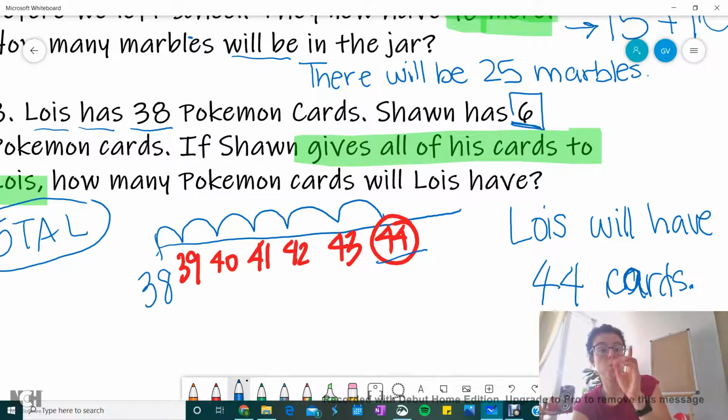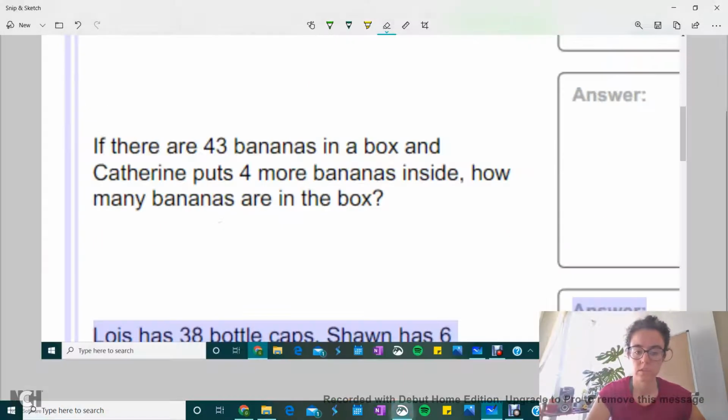Okay, friends, we're going to do one where you have to find the answer, and then we will check it together. So, let's see this problem. If there are 43 bananas in a box, and Catherine puts 4 more bananas inside, how many bananas are in the box?